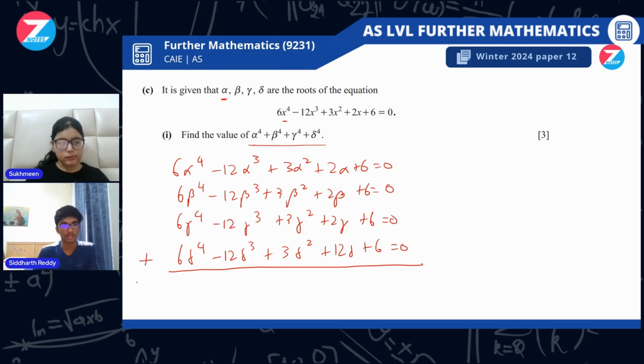So taking the sum, we get 6 alpha to the power 4 plus 6 beta to the power 4 plus 6 gamma to the power 4 plus 6 delta to the power 4. So factoring out the 6, we get alpha to the power 4 plus beta to the power 4 and so on. I'll be writing it shorthand as sum of the 4th powers.